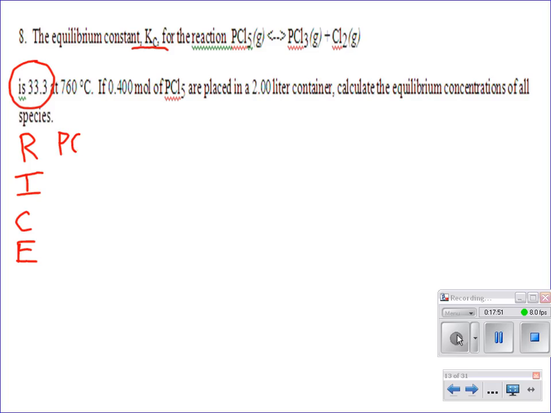And so we have PCl5 in equilibrium with PCl3 plus Cl2. It says 0.4 moles of PCl5 are placed in a 2-liter container. So what do we have to do to that 0.4? Divide it by 2, so we get 0.2. Okay?